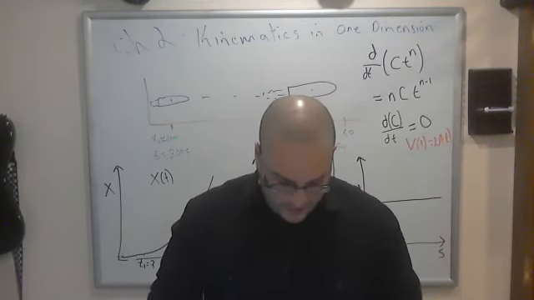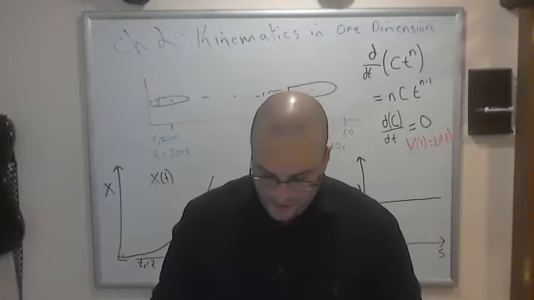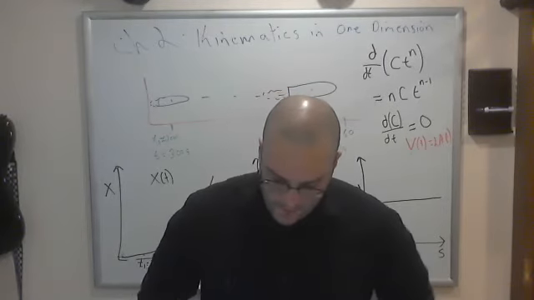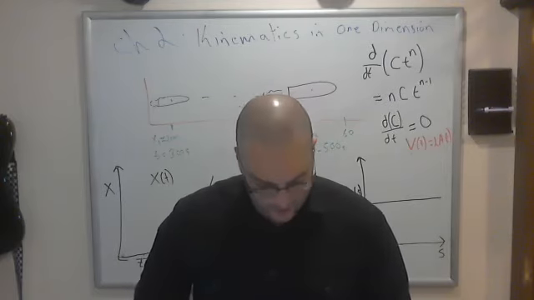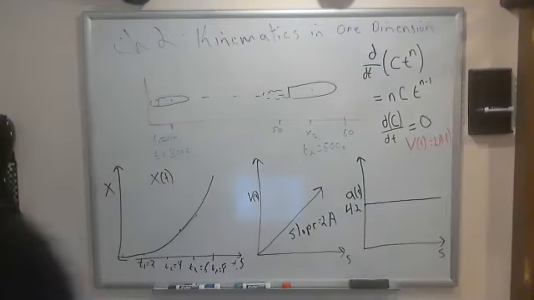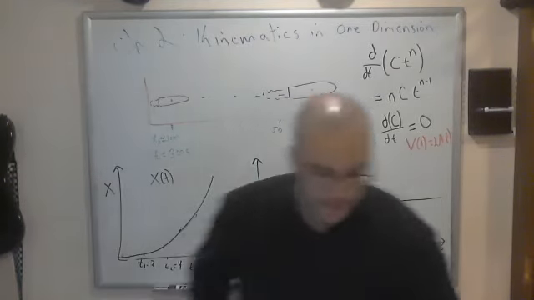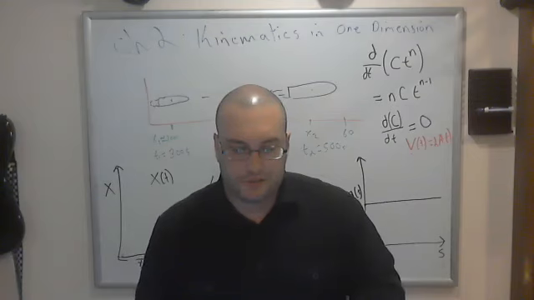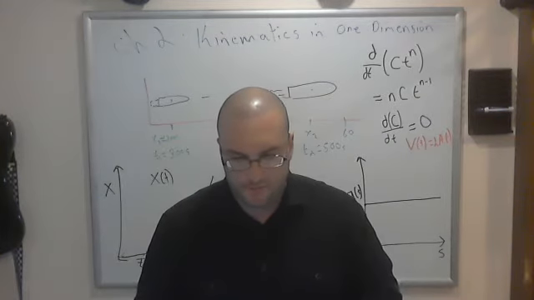Okay. Now let's actually derive a set of equations for motion with a constant acceleration. For the most part, we deal with constant acceleration, or we could approximate it as a constant acceleration, right?